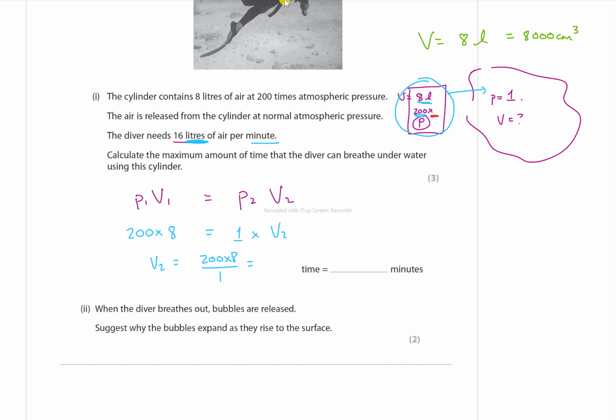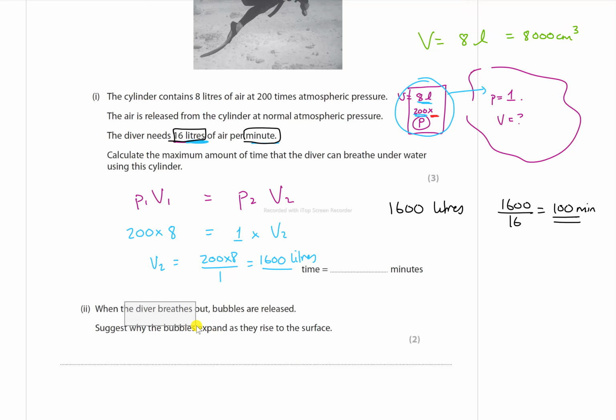So it equals 1,600 liters. That's the first part. So now we know we've got 1,600 liters and we need 16 liters every minute. So all you do is 1,600 divided by 16, which equals 100 minutes. So the diver has 100 minutes worth of air.